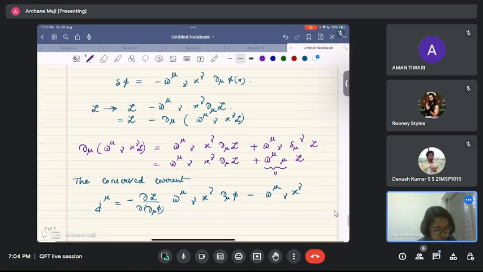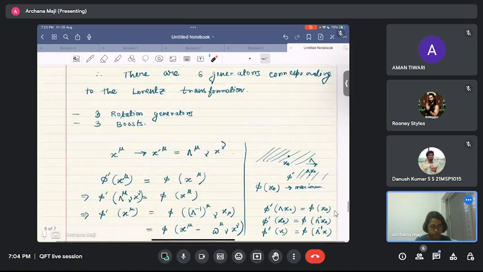Okay, so we know that any transformation is a symmetry whenever the Lagrangian changes at most by a total derivative. So since here the Lagrangian is changing by a total derivative, the transformation that we are considering, x going to x prime, the Lorentz transformation, is basically a symmetry.